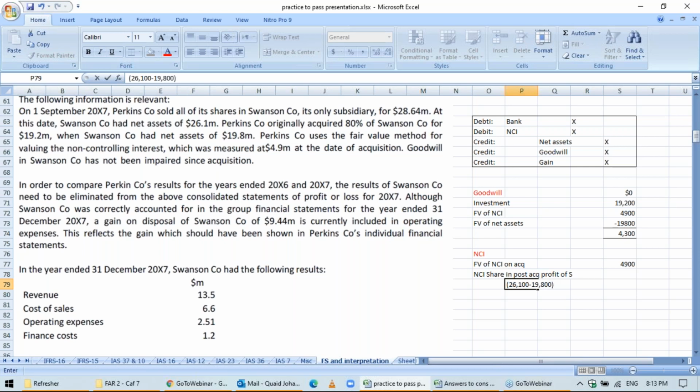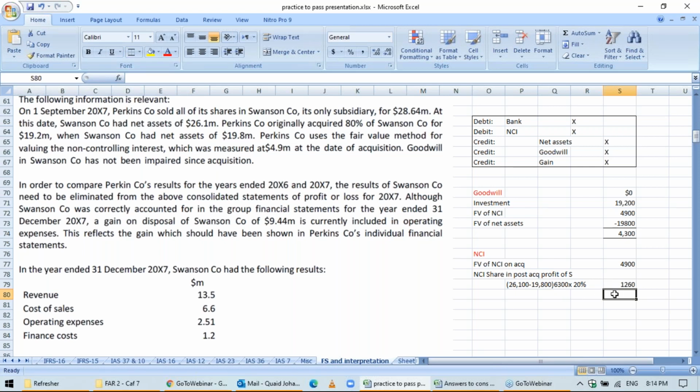The increase amount is 6,300. The net assets have increased due to the profits. So out of this 6,300, the NCI's profit share of 20% will be taken. The parent is holding 80%, so the rest 20% goes to the NCI. So NCI was initially 4,900 and now 1,260 will be added to it, the profit share of NCI.